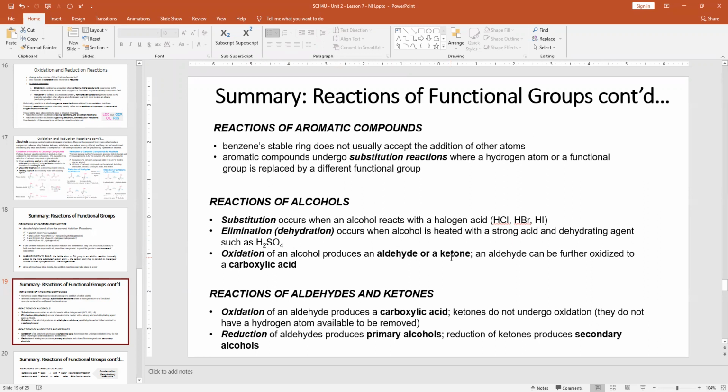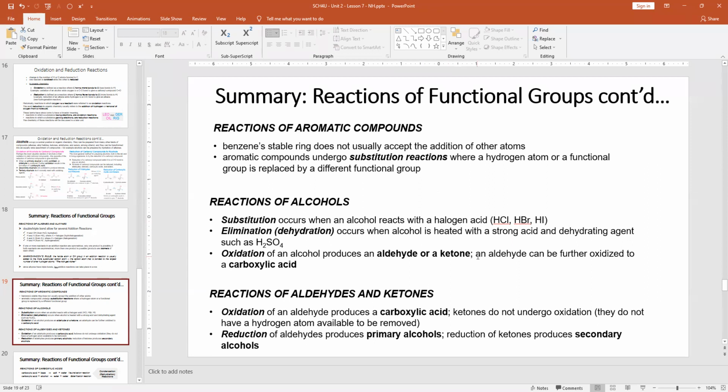And then those reactions of aldehydes and ketones that we discussed a couple of slides ago: the oxidation of aldehyde produces carboxylic acids, and ketones don't undergo oxidation. They do not have hydrogen atoms available to be removed, if you keep that in mind.